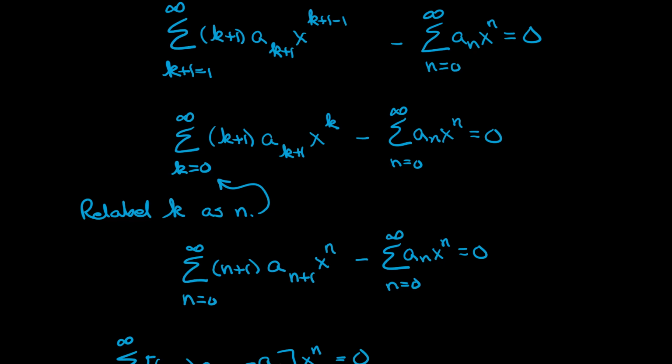It really doesn't matter what I call or what name I give to the index. I could call it k, I could draw a smiling cat face, I could draw whatever. It could be a, b, c, whatever you want. I would suggest not using a because that's already used here for our coefficients, and definitely don't use x, but you get the idea. So what I can do is take this first power series now.